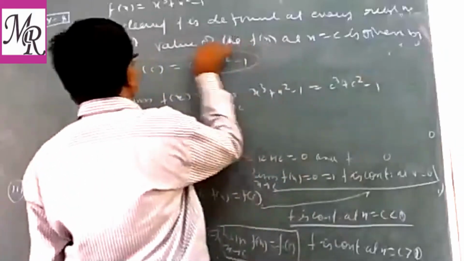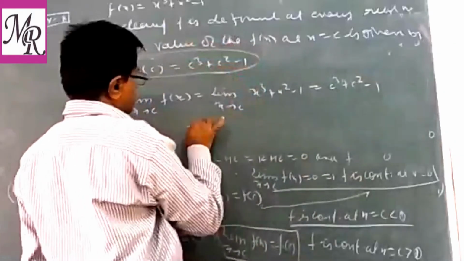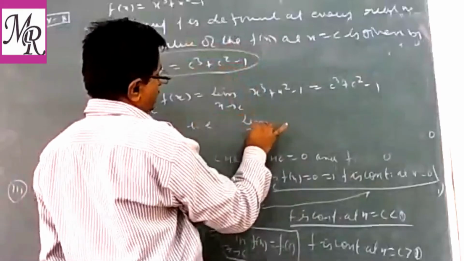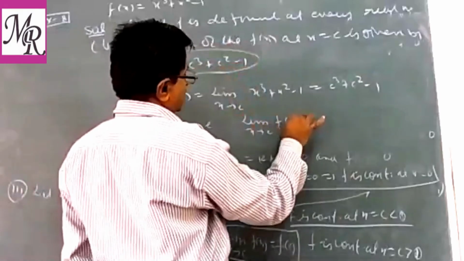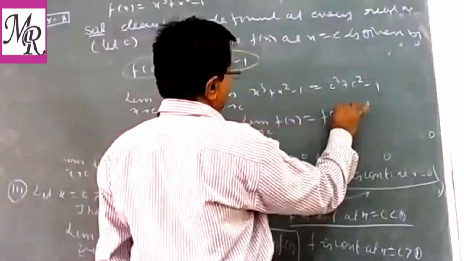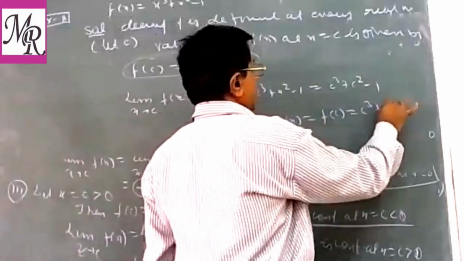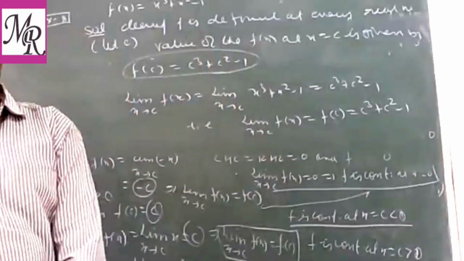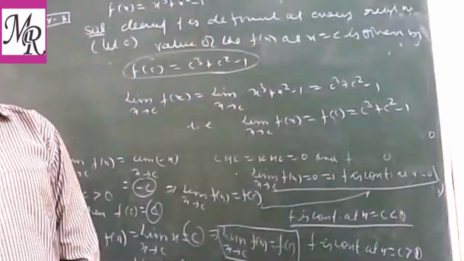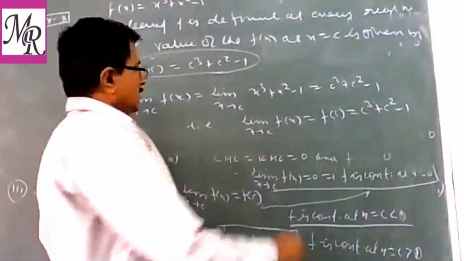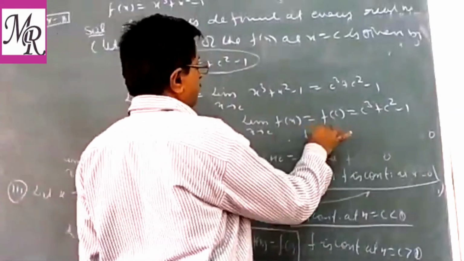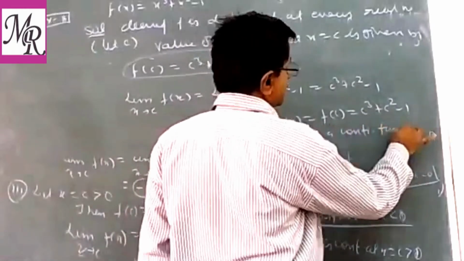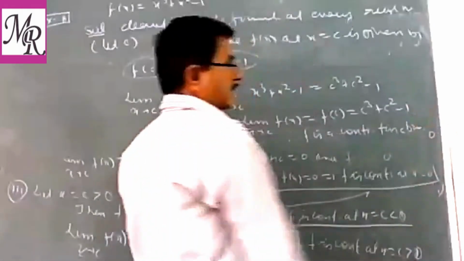So that is also equal to the value of the function. So finally you write limit x tends to c of f(x) is equal to the value of the function at that point, as this function is continuous. Clear? Therefore, f is a continuous function. Clear?